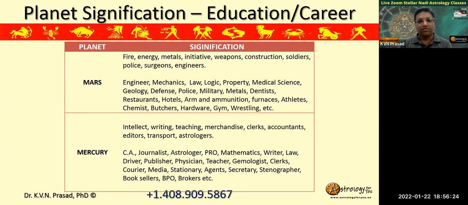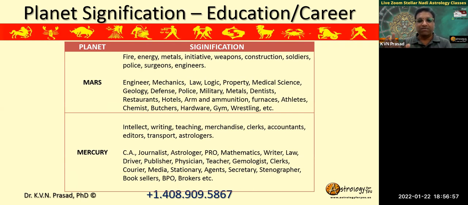So now let's go for Mars. What is Mars? Mars is basically anything related to fire, energy, metals, engineering, weapons, construction. All that. Mars is very, very important. Mars also governs surgeons. So if somebody wants to become a surgeon, after MBBS, why I'm taking MBBS is because it is very common and easy to relate.